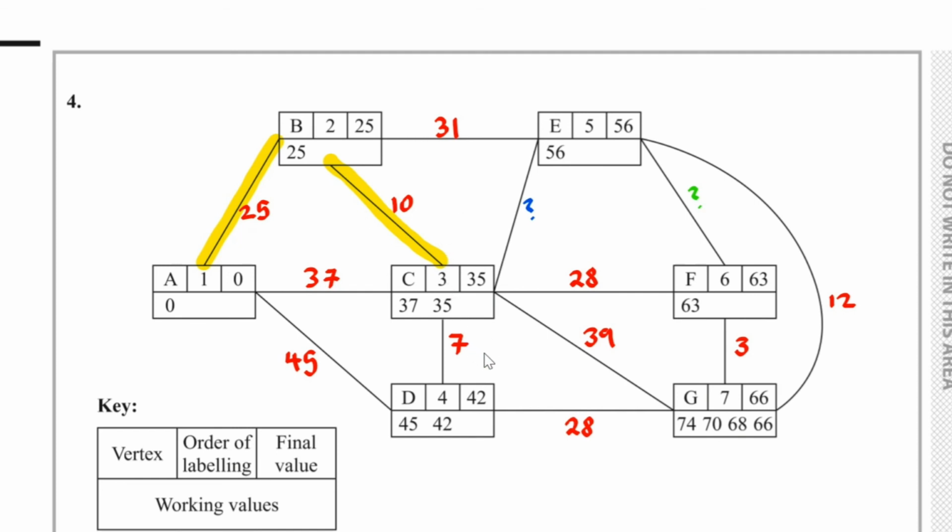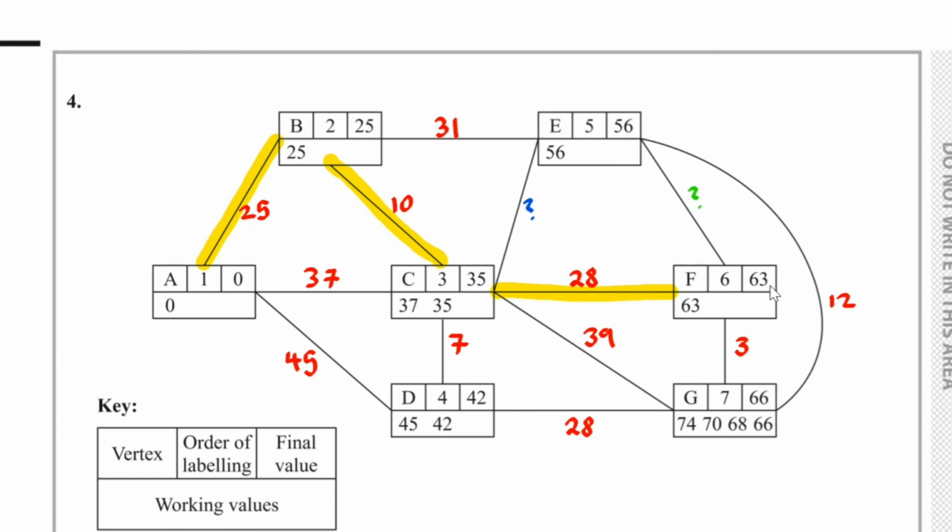Then after this, the next smallest one out of the ones going to F. And the reason for that is because we want to get to the 63 and then add the 3 to get the 66. If I went to D first and then G, this would have given me the 42, and then I would have added on the 28 to that to get the 70, so that's not the shortest path.